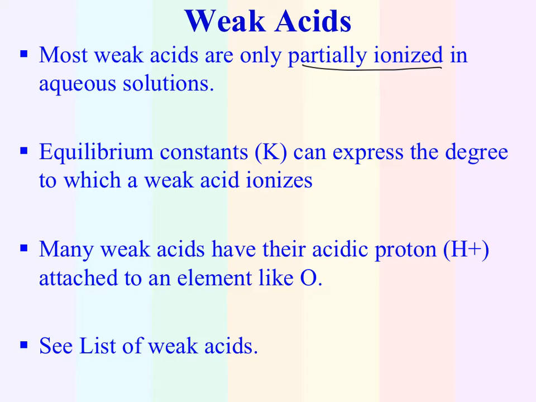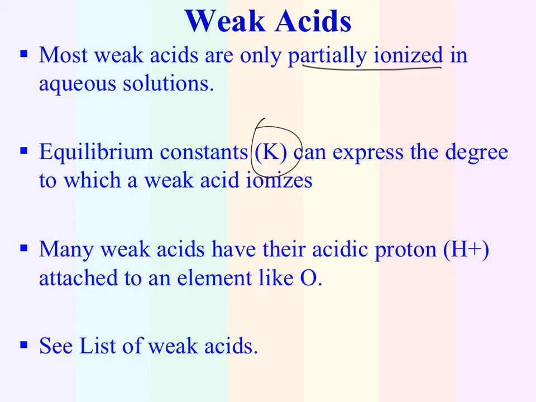Basically, when you put a weak acid into solution, only some of it ionizes into its proton and conjugate base. The Ka, the equilibrium constant associated with your weak acid, is going to indicate the degree to which the weak acid ionizes.